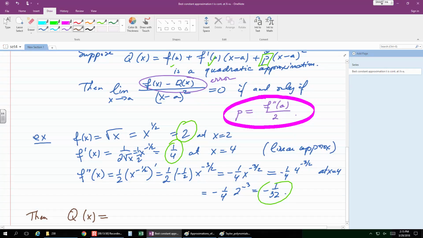Value of the function, which is 2, plus the derivative, which is 1/4 times (x minus 4), plus the second derivative over 2, so it will be negative 1 over 64 times (x minus 4) squared. Okay? So that is a quadratic approximation.